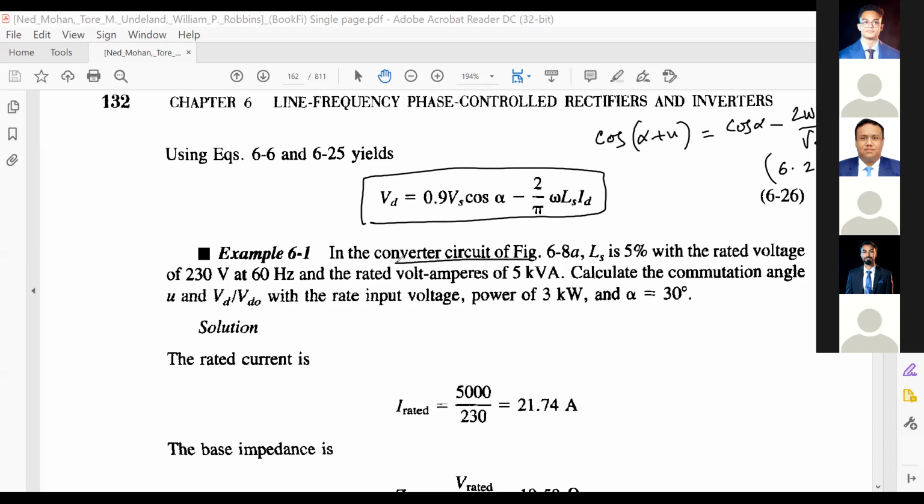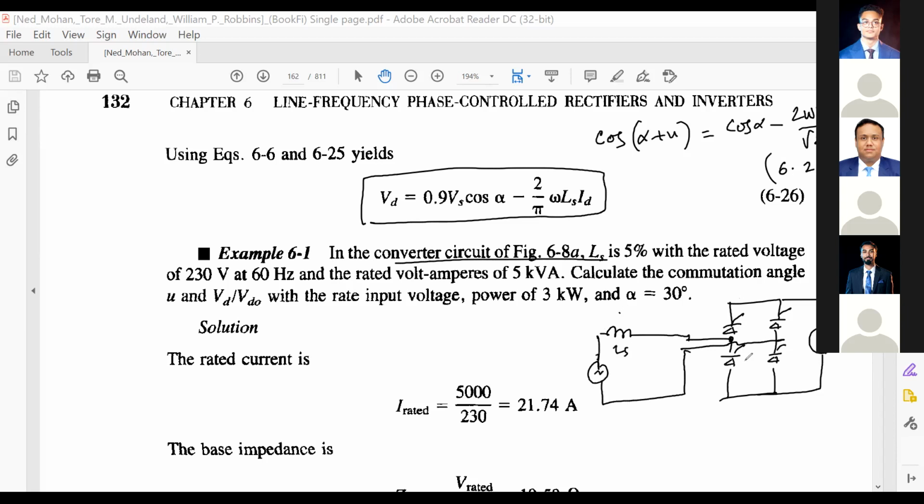Okay, so let us try to solve a problem from the example. In the converter circuit, the converter is like this. Ls is this one. This is your T1, T2, T3, and T4.